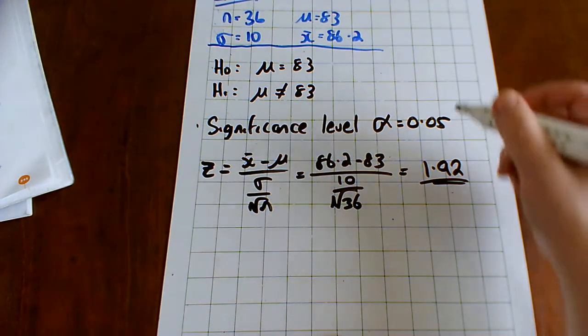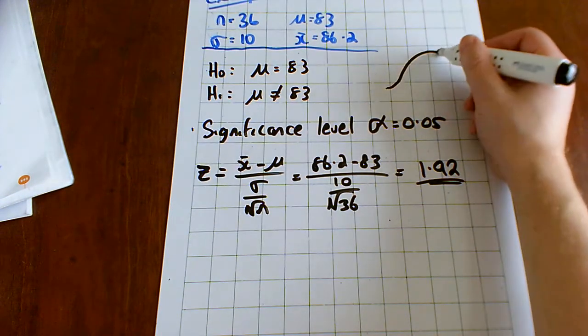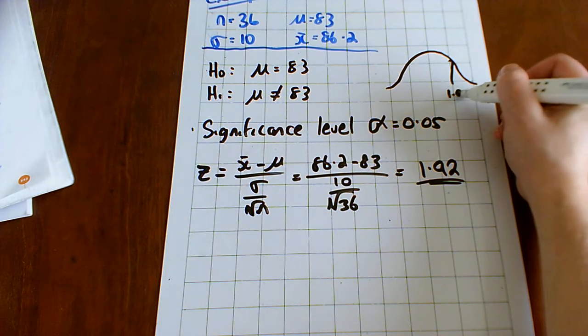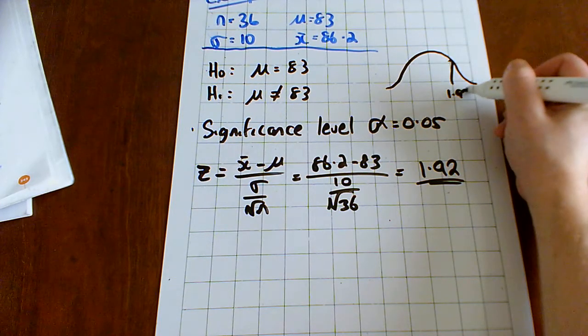Now if you were to draw that in a diagram, I'll just do it up here. 1.92, minus 1.92. What we're looking for is the area of this and we're going to double it.